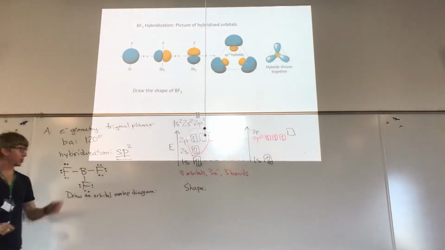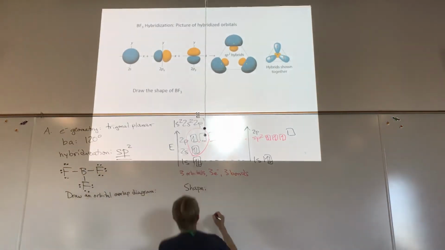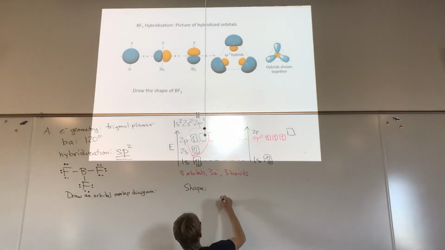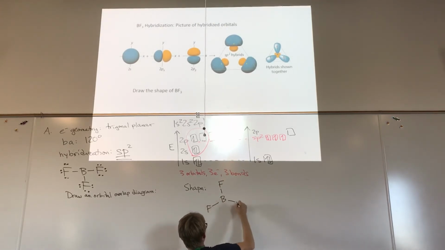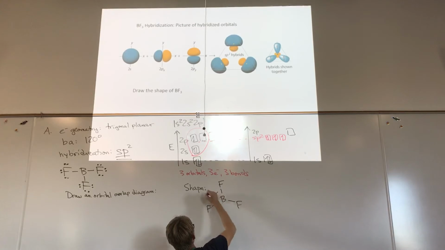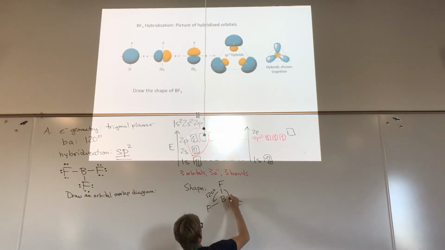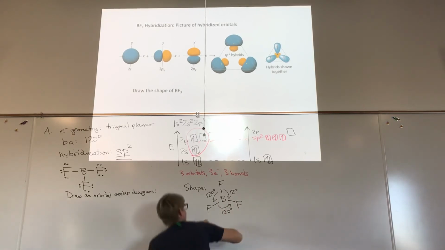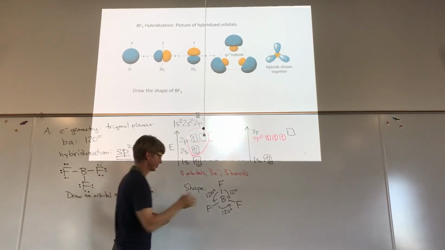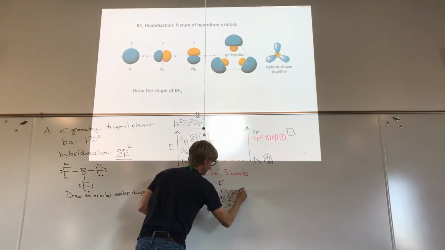Now that we know there are 3 electron groups, bond angles 120 degrees. You don't have to draw those 120 degrees.